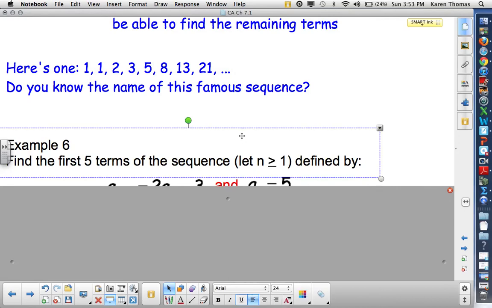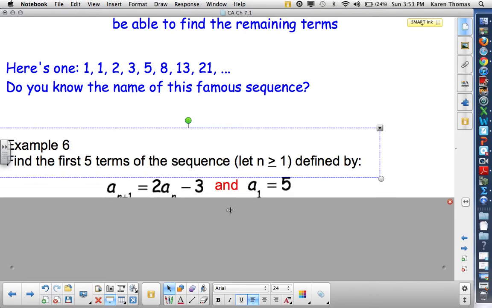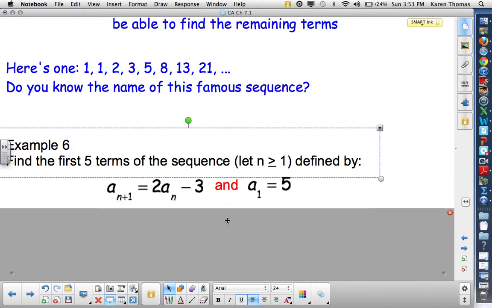Okay, we had this example where we find the first 5 terms of a sequence, and we're going to let n be greater than or equal to 1. Here is our formula. a sub n plus 1 is equal to 2a sub n minus 3, and a sub 1 is equal to 5.